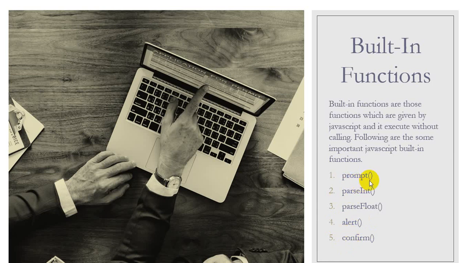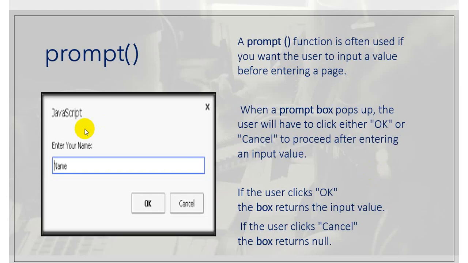I just want to show a slide in which you can see a clear picture of prompt. This box is called a prompt box. In a prompt box you get five things. Some are static: one OK button, one Cancel button, and one input box, inside which the user can type input.